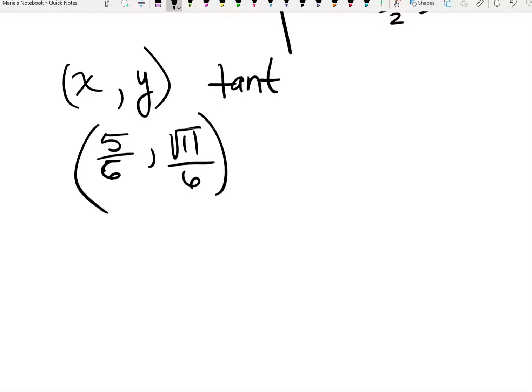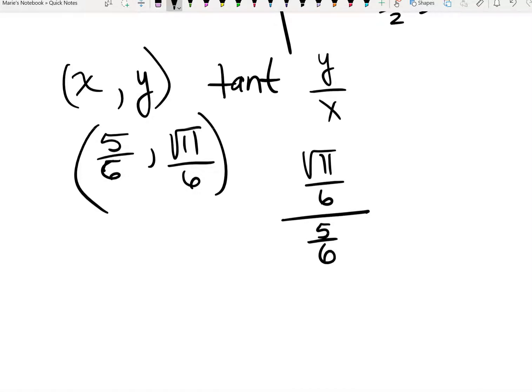And tan is y over x. In this case, square root of 11/6 over 5/6. And so if you remember the rule of thumb for dividing fractions, it's keep, change, flip. And so we're going to keep this one in position and we're going to flip this 5/6 to 6/5.